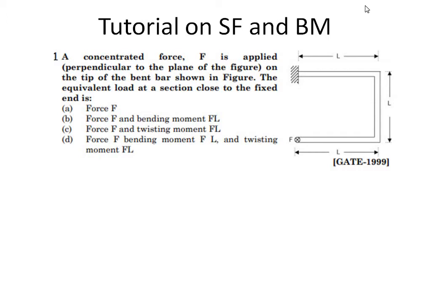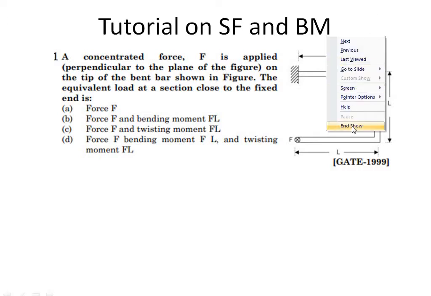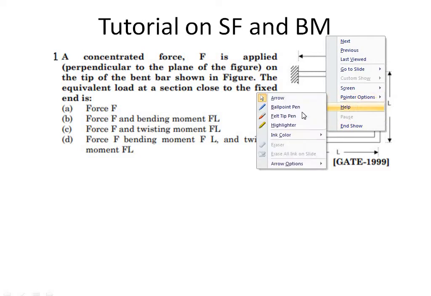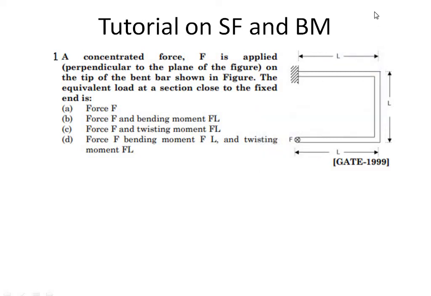So if you are applying a load like this, watch my cursor, somewhat like this, then you will be getting a bending moment.